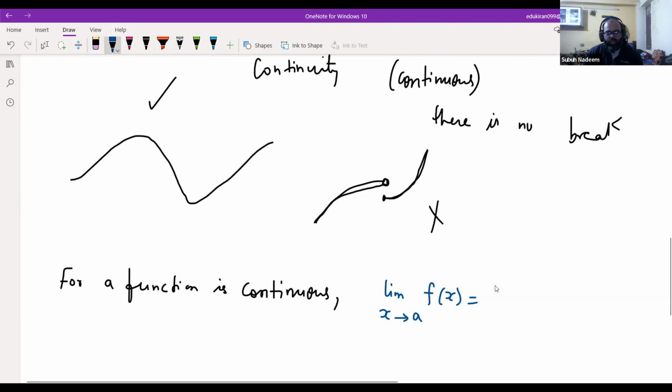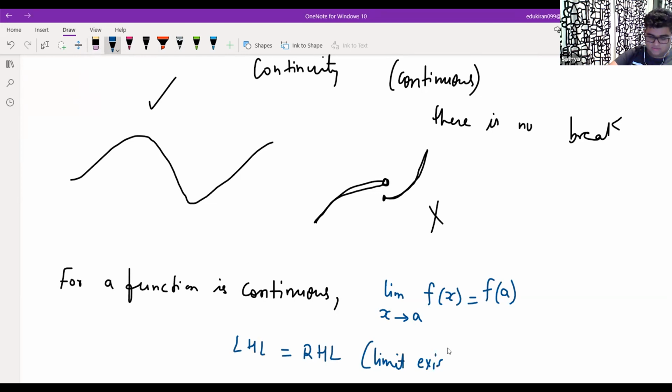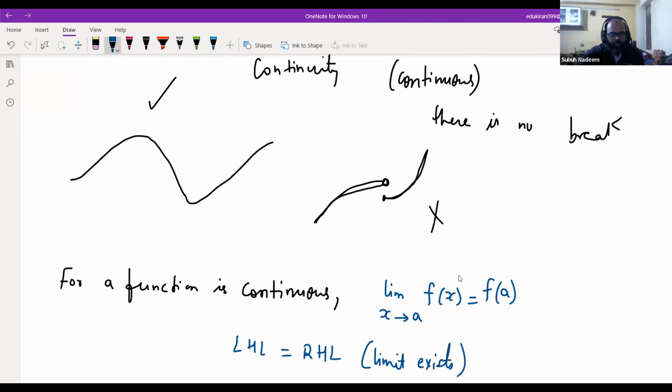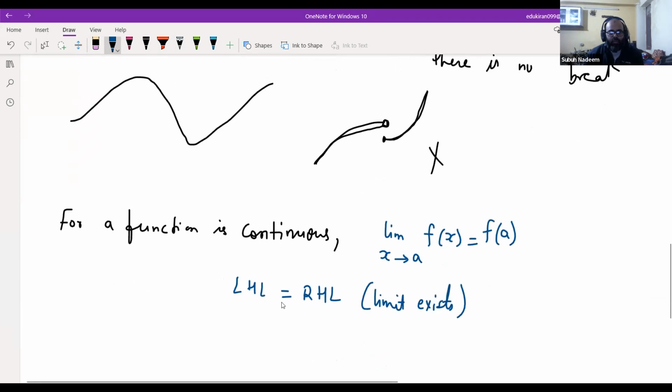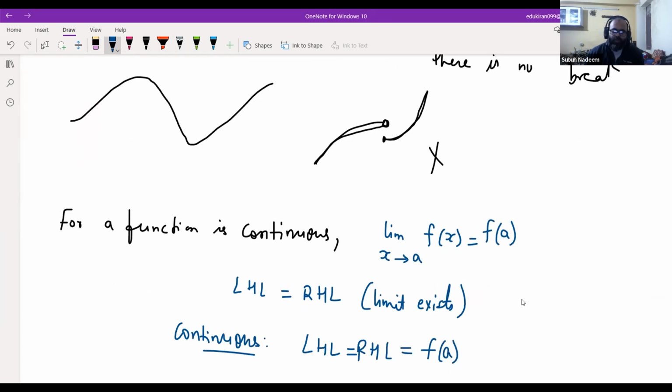So what we mean to say here, that earlier we used to study about limit. So left hand limit is equal to right hand limit, we say limit exists. Now here what we come to in continuous, left hand limit is equal to right hand limit is equal to value at that point. All three should be there.